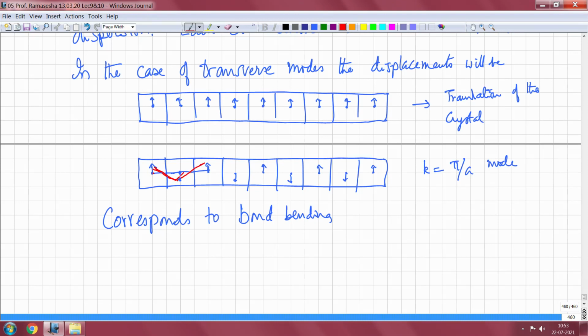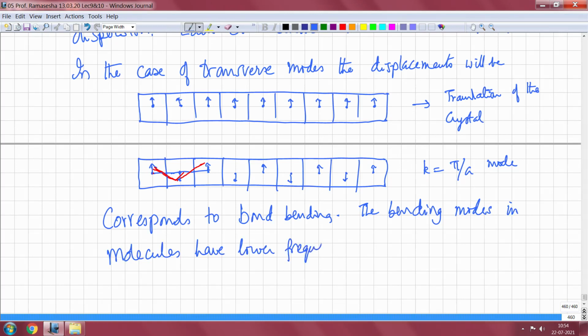Okay. So when you bend the bond, the bending modes in molecules have lower frequencies or lower energies than stretching modes.